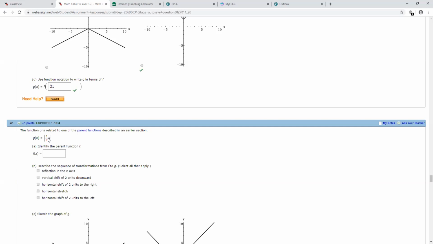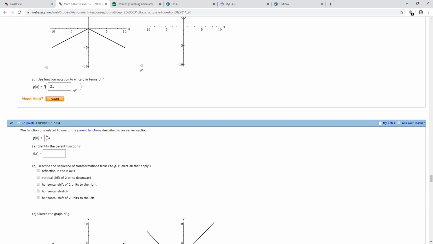And then it's either horizontal dilation or vertical dilation. How do we know the difference? If the multiplication is inside the function, the original absolute value function, then we know that it's a horizontal one. If it would have been outside the function, times 1/2 or in front of it times 1/2, it doesn't matter because it's just outside the function, then that's a vertical dilation.